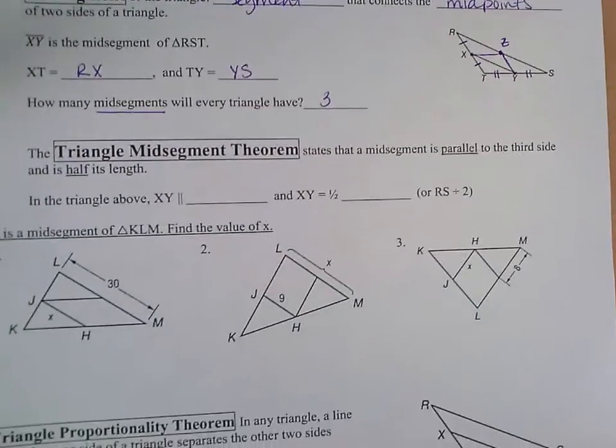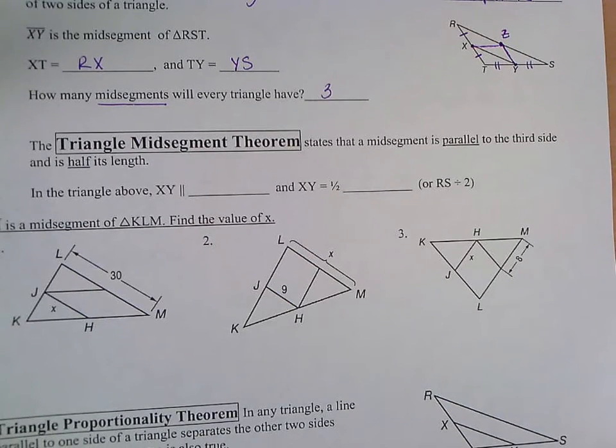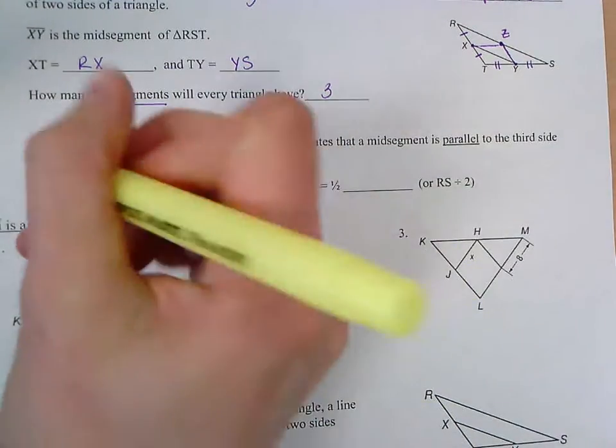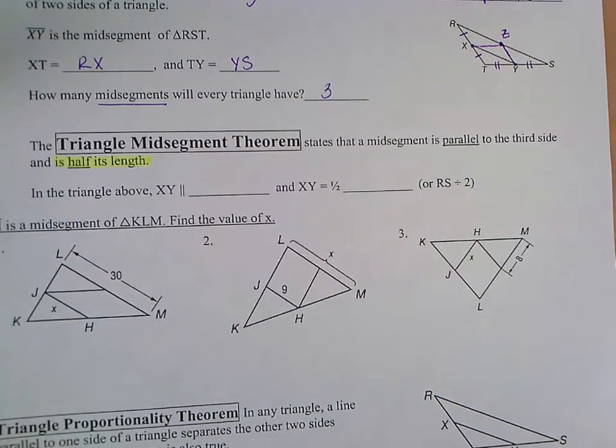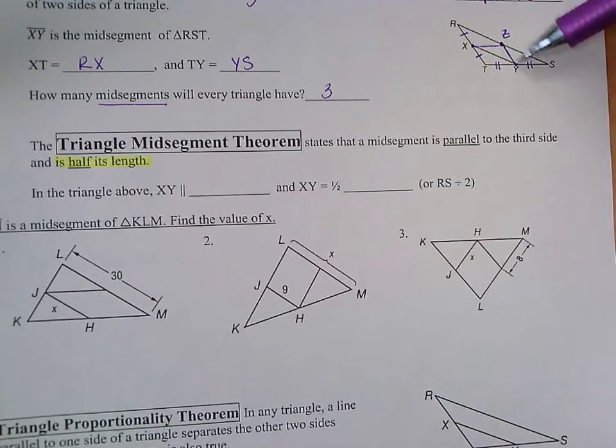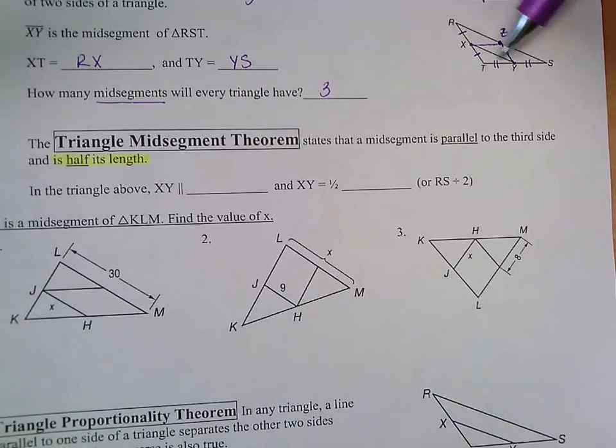But then that brings us to the triangle mid-segment theorem, and it states that a mid-segment is parallel to the third side and is half its length. So yes, being parallel is key, but knowing that it's half its length is also key. So in this triangle, I know I just drew in two other mid-segments there, but that means XY would be parallel to RS.